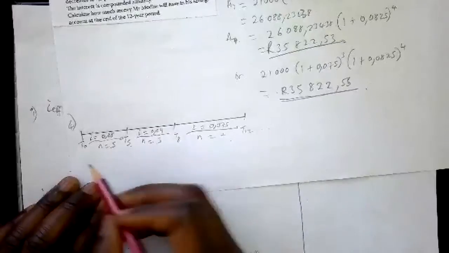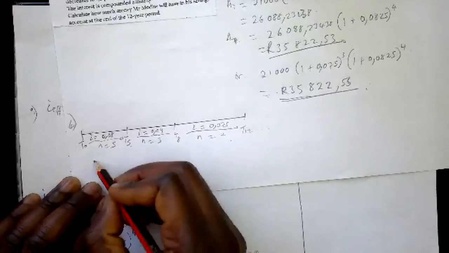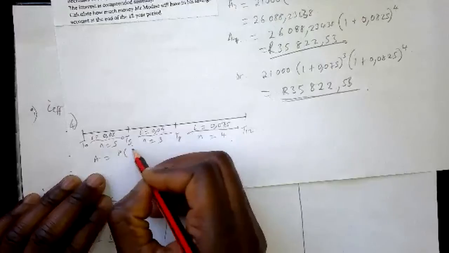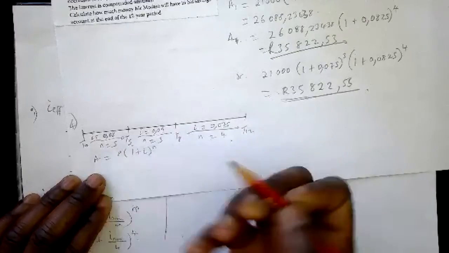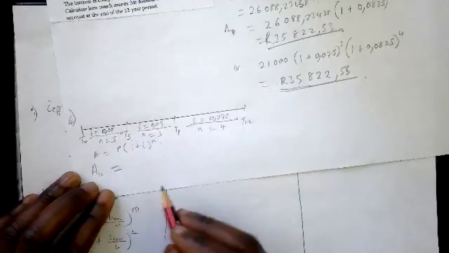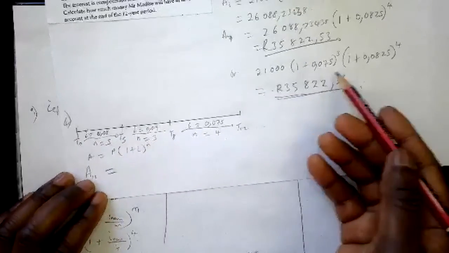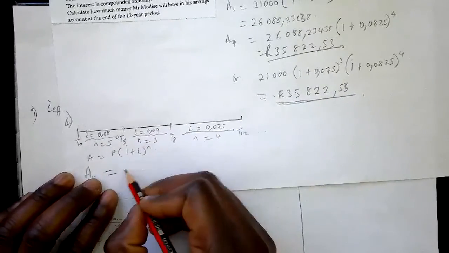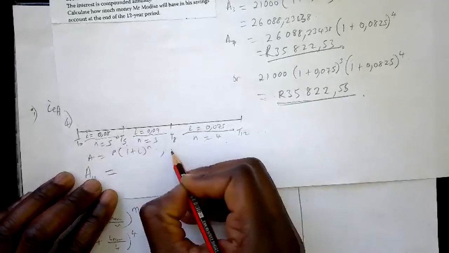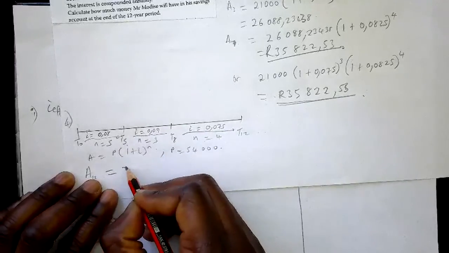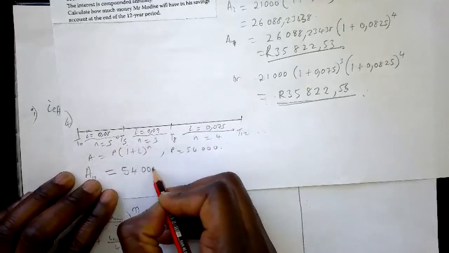Then what we can just do here, our principal amount, total amount, we're going to say A is equal to P times (1 plus i) to the power of n. Now, for the accumulated amount for the 12 years, remember, you just take this idea that I have put here. Our principal is 54,000. 54,000 in a bracket.